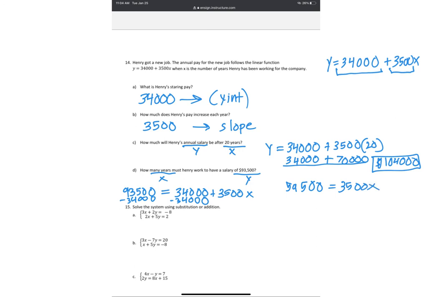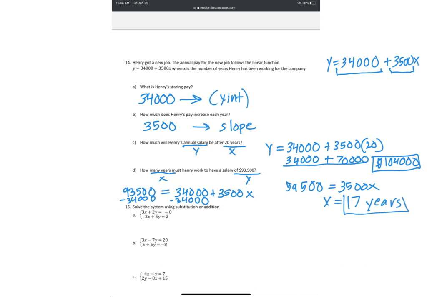So I'm just going to divide that 59,500 divided by 3,500. We get x equals 17 years.